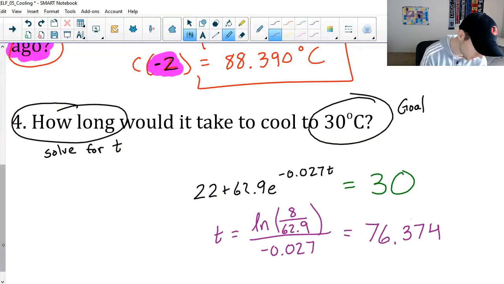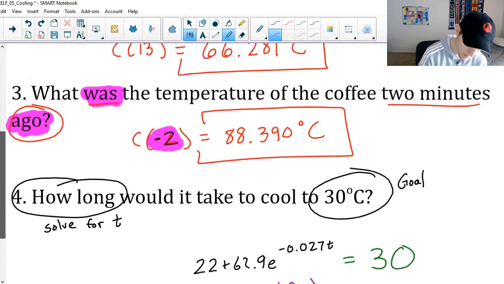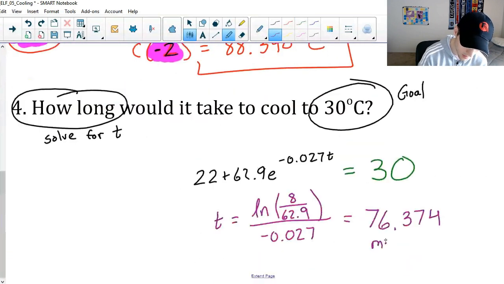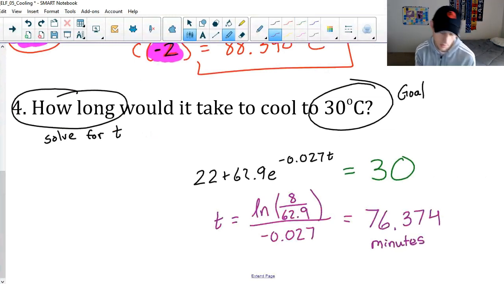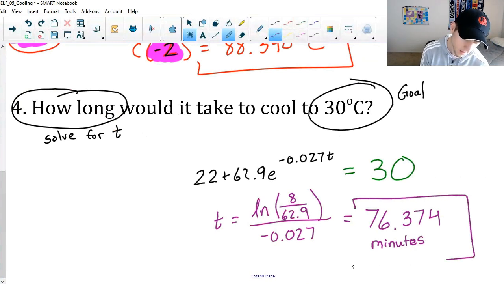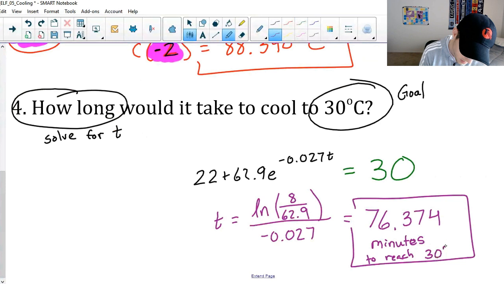And that is a time. This problem is based on minutes. It doesn't have to be minutes. Some problems might say seconds or hours, but this one is minutes. So it takes 76.374 minutes to reach 30 degrees Celsius.